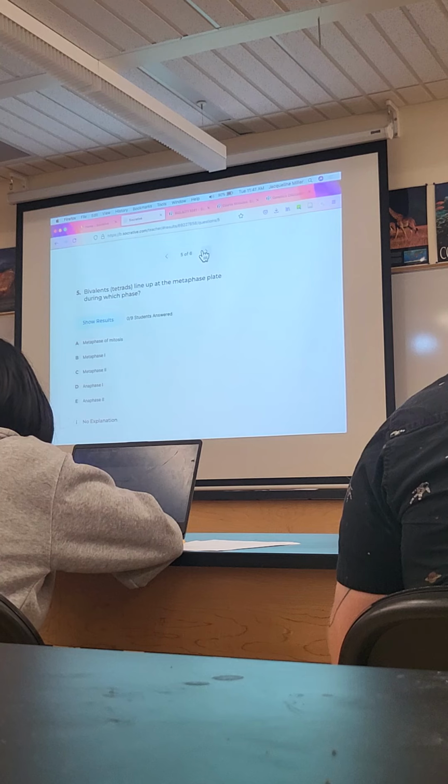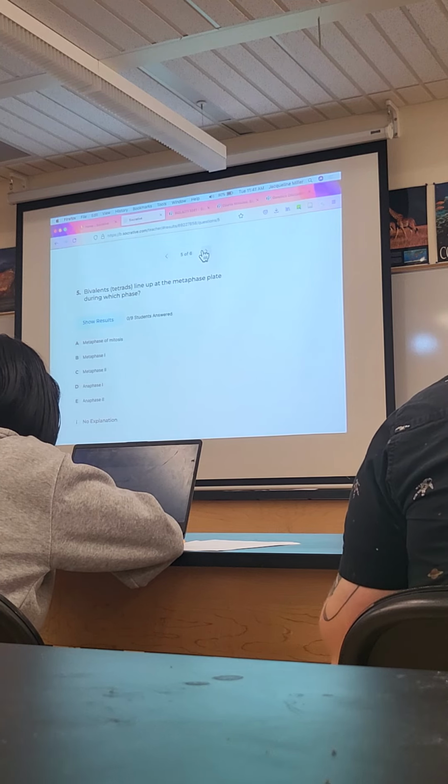Bivalents or tetrads line up at the metaphase plate during which phase?